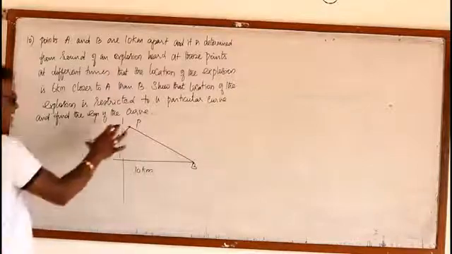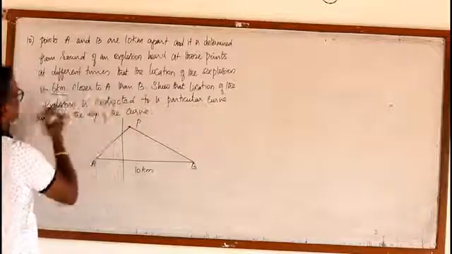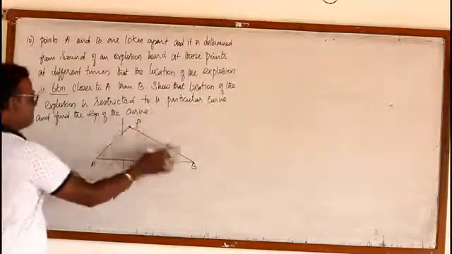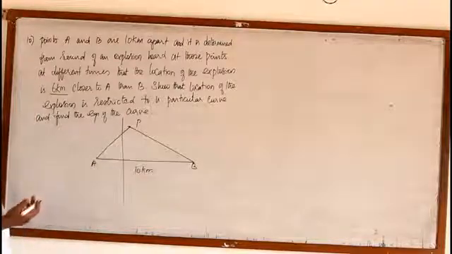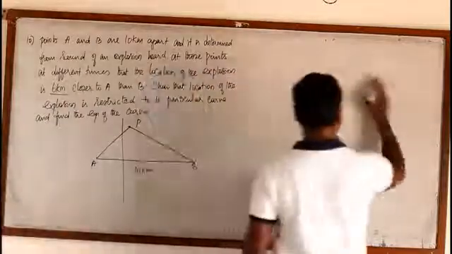We say the difference between PA and PB is 6. So what is the equation of the curve involved in this?